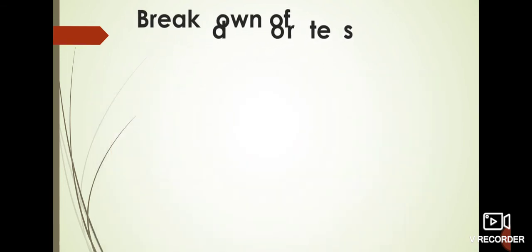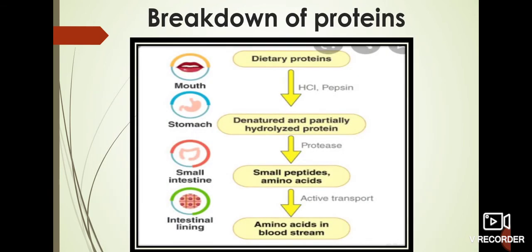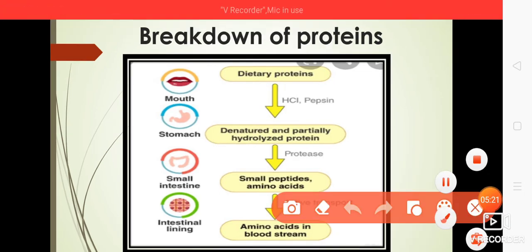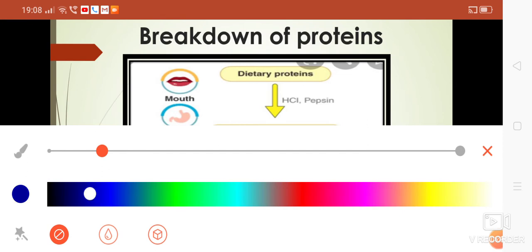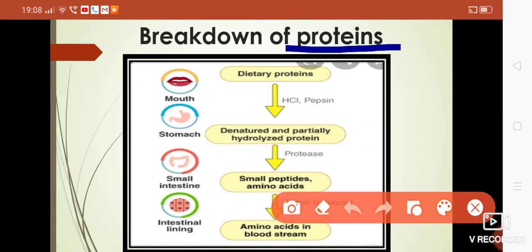Next, we will learn about the breakdown of proteins. What are proteins? Proteins are the building blocks. Proteins are called body building food. So, how will the protein be digested? Protein first reaches the stomach.